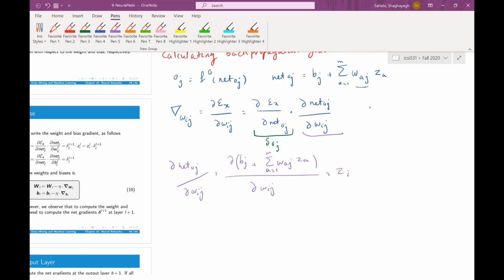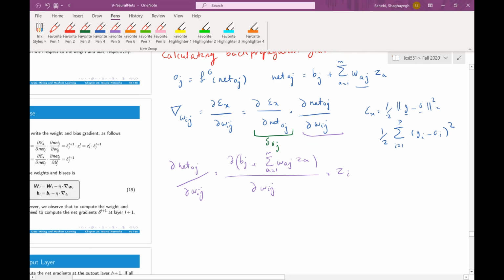So assuming that our error is the squared loss, which is 1/2 of the norm of y minus o squared, it's actually 1/2 of sigma i equals 1 to p of (yi minus oi) squared, right?